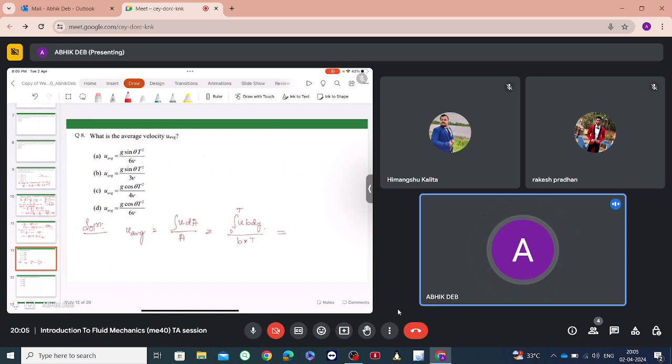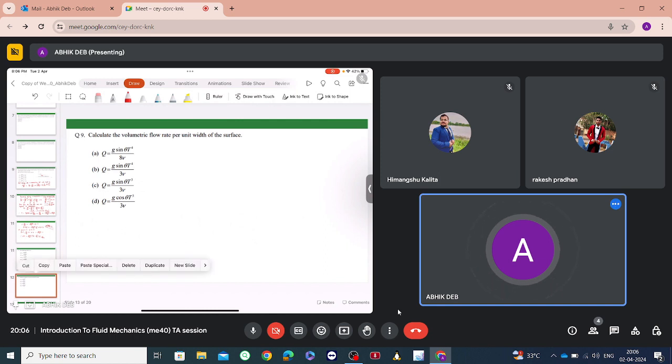Okay, so b gets cancelled because it is constant and not equal to 0, and if we integrate it, we will get g sine theta by nu, integrating ty minus y square by 2 dy from 0 to t. So if we integrate this, we get g sine theta into t square by 3 nu, which is option number B.